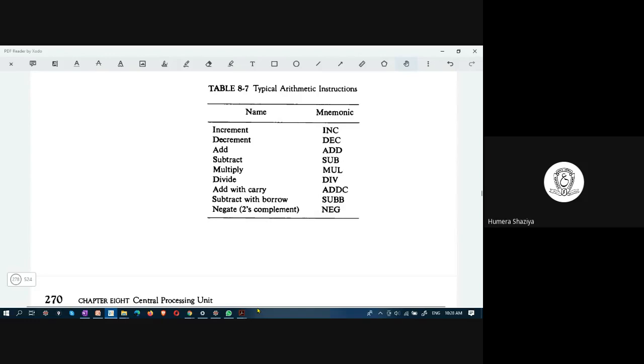Decrement, DEC; add, ADD; subtract, SUB; multiply, MUL; divide, DIV; add with carry, ADDC; subtract with borrow, SUBB; negate, that is two's complement, NEG. These are typical arithmetic instructions in a computer.